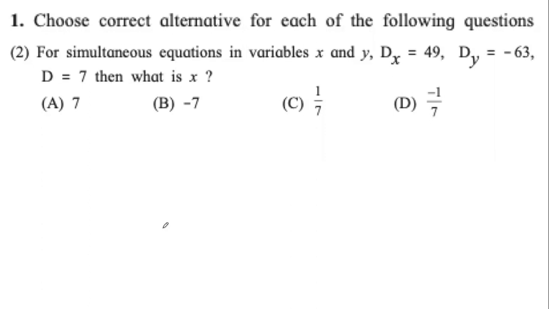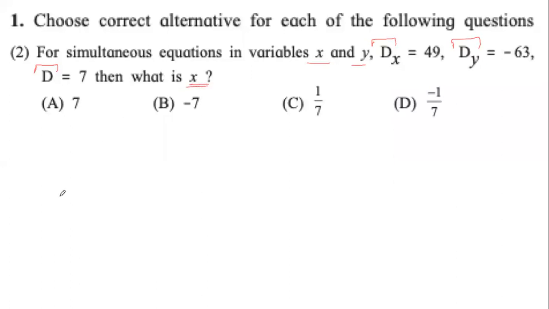It says for simultaneous equations in 2 variables, the equations are not given, but the value of dx and the value of dy along with the value of d is given. So someone is using the determinant method and they have found out the value of dx, dy, and d. Using that, we have to find the value of x.